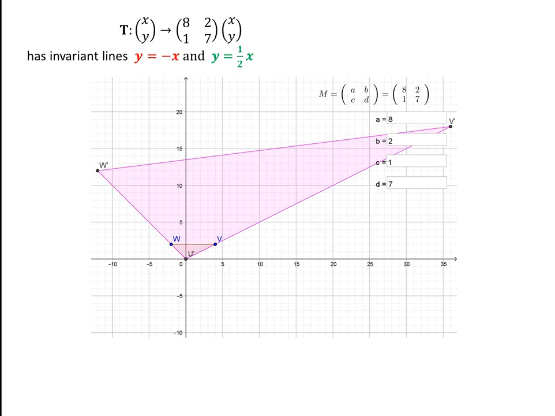The line UV, that's the line y equals a half x, is an invariant line of the transformation, and points along that line have moved out along the line by a factor of 9. Looking at the line UW, U is fixed by the transformation. The point W, which was the point minus 2, 2, has moved to the point minus 12, 12.